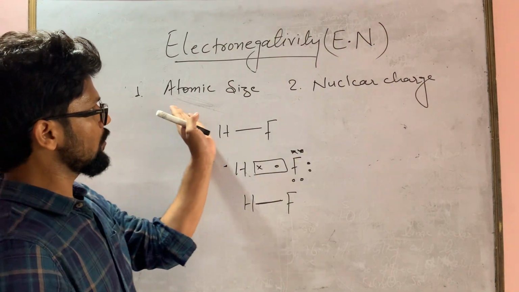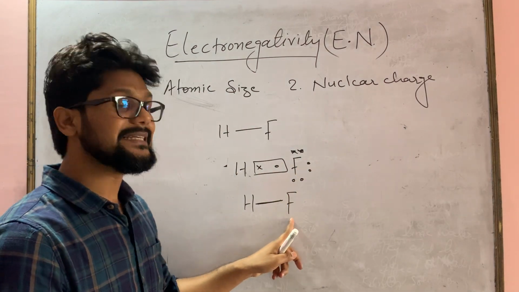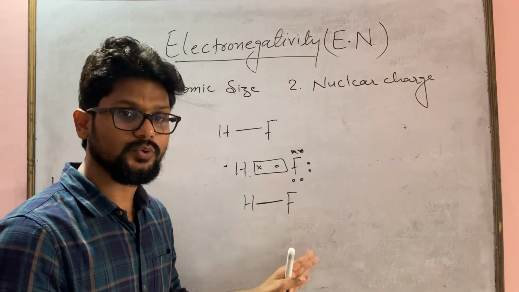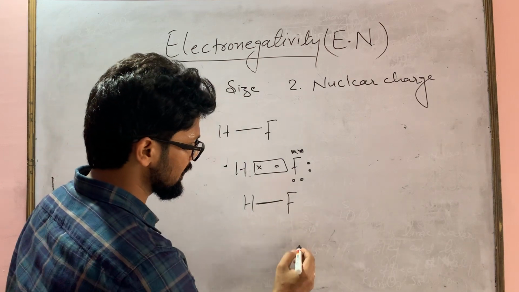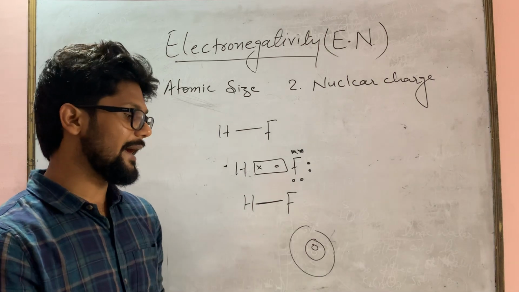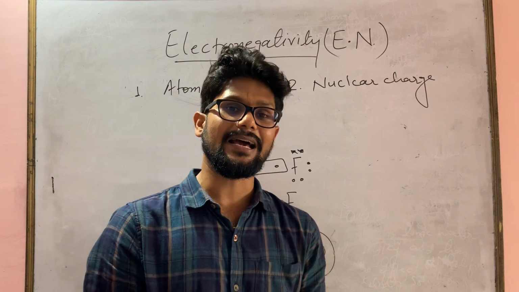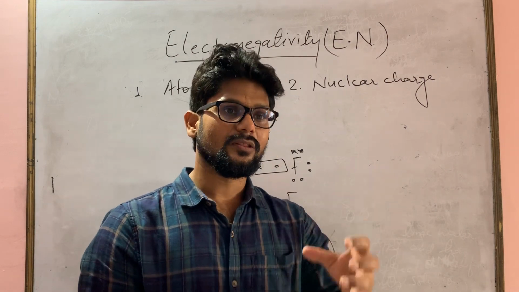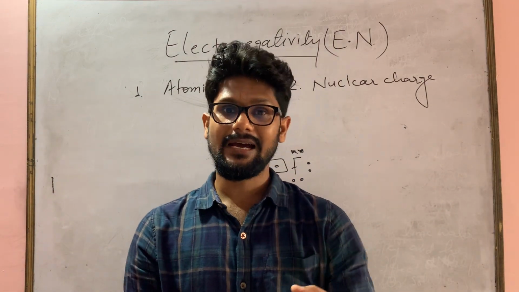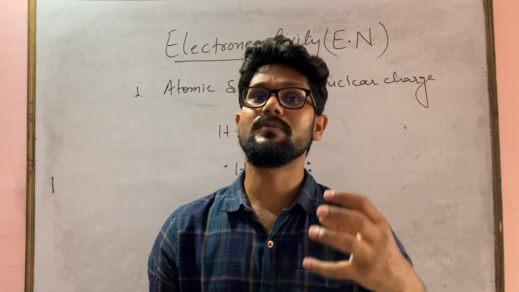As you know, when we go across a period, size decreases. If its size decreases, it means it is smaller in size as compared to hydrogen. If you make an orbital structure of fluorine, you will find that because of the smaller atomic radius, the force of attraction between the outermost electrons and the nucleus, where the positive part or proton is present, will be more.